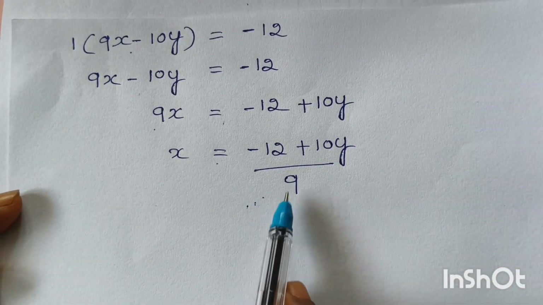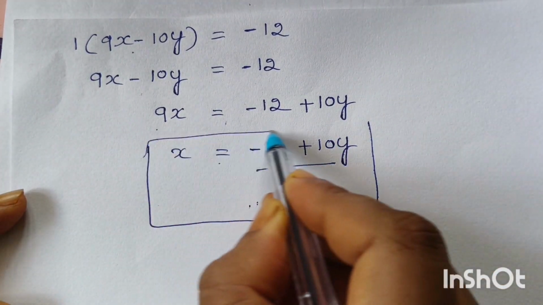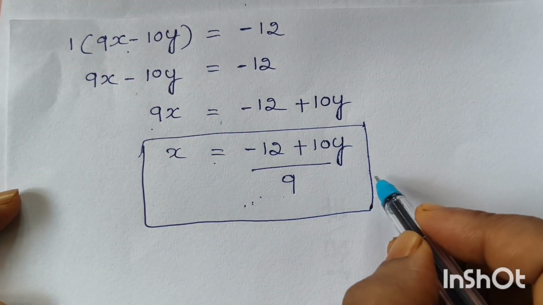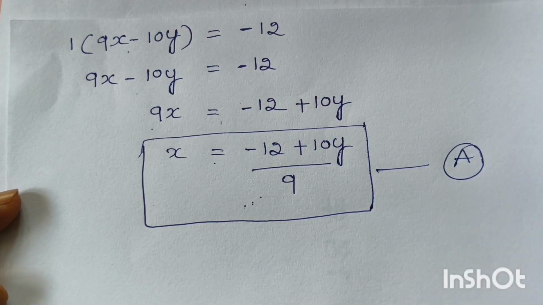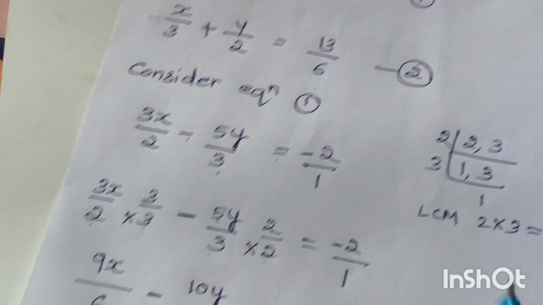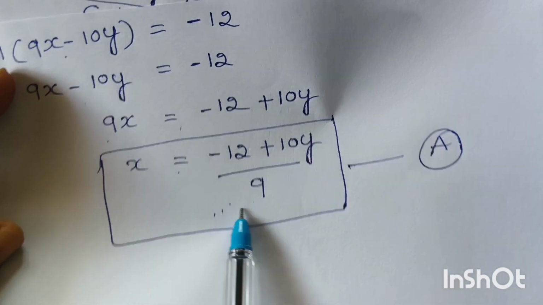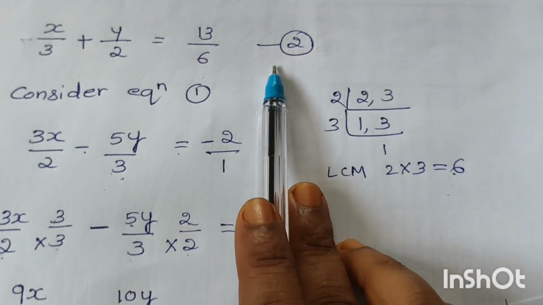This is the value of x. Okay. This is our value of x. Let us consider this as equation A. Now we got the value of x from the equation 1. So let us substitute this value of x in equation 2.